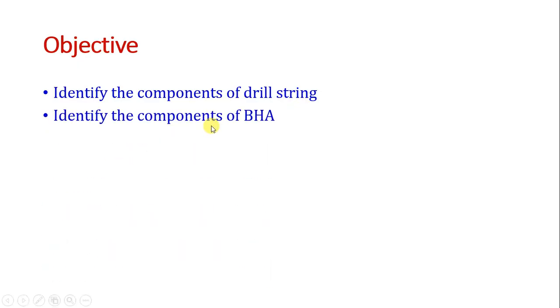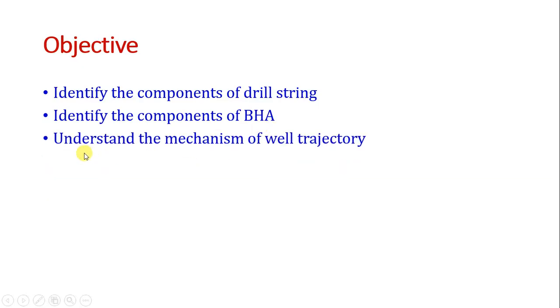Also, we will identify the components of the BHA. We will understand the mechanism of well trajectory in directional drilling, like the S shape, like slant hole, like horizontal, like directional. All this we will talk about.